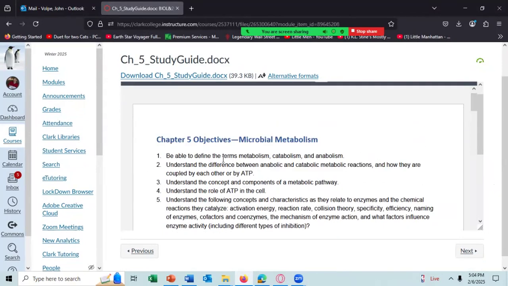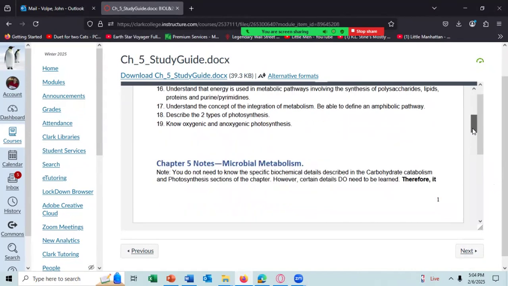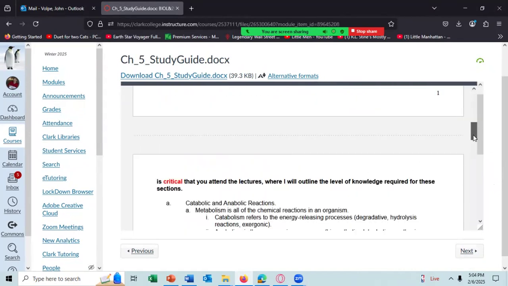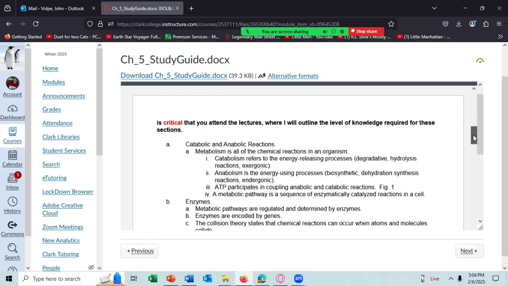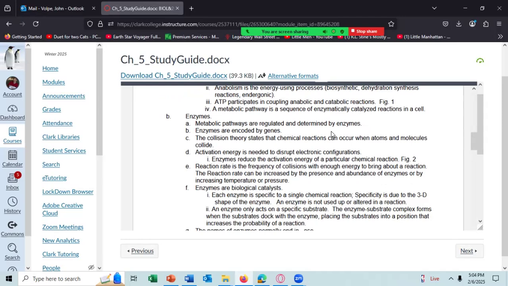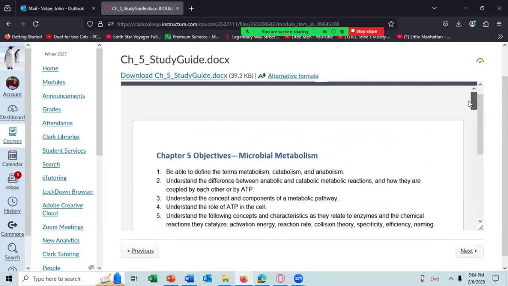So there are the chapter 5 objectives, listing all the objectives you need to know for this chapter. And then there's the notes. It's similar to what we're discussing, only it's in sentence format and outline format, not a slideshow. Any question about any of that?